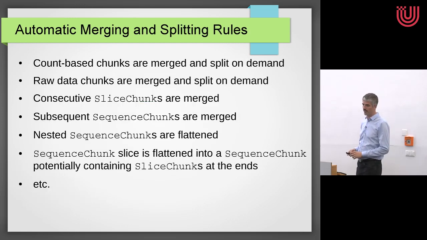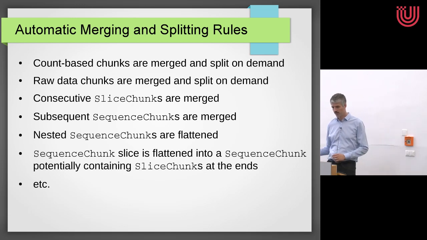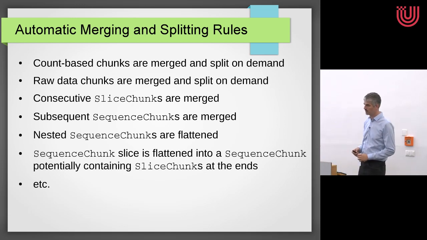Something interesting regarding the chunks is that they try to merge and split on demand. They're trying to optimize the memory representation behind the scenes for you. For example, if you send something large and it goes through some fragmentation at some point in the network, it's going to be merged automatically in the chunk API according to these rules.